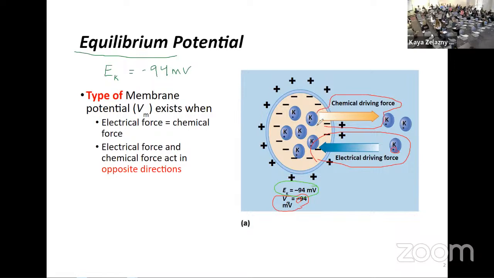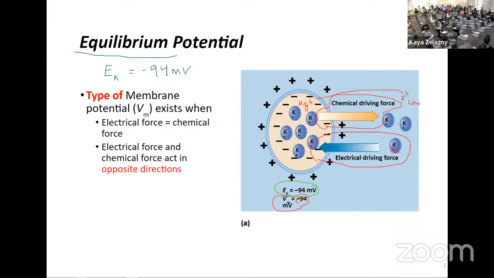This is because when we're looking at the concentration of potassium, we can see we have a high to low gradient. We have high potassium inside the cell to low potassium outside the cell. High to low, our CDF points out.